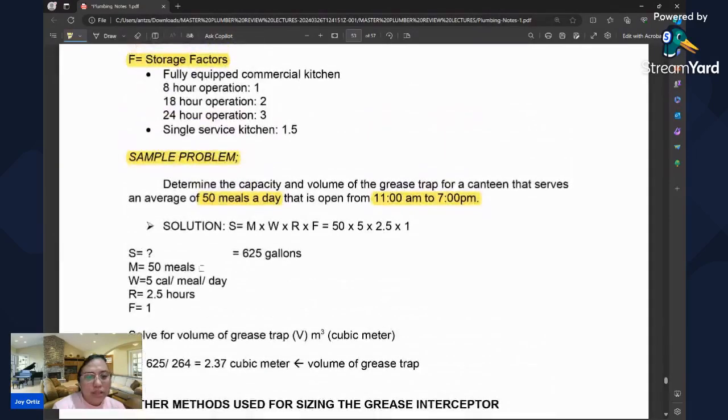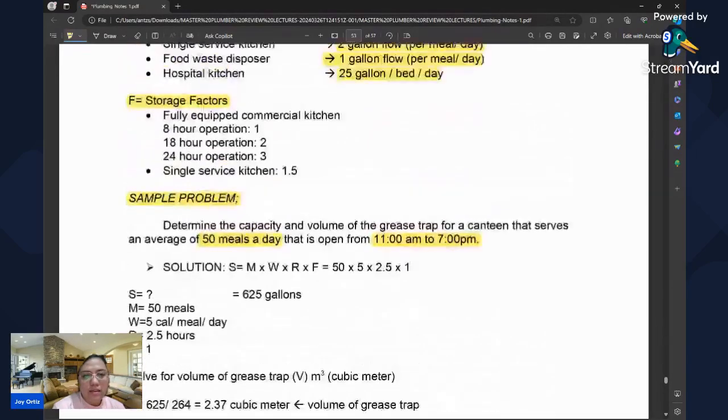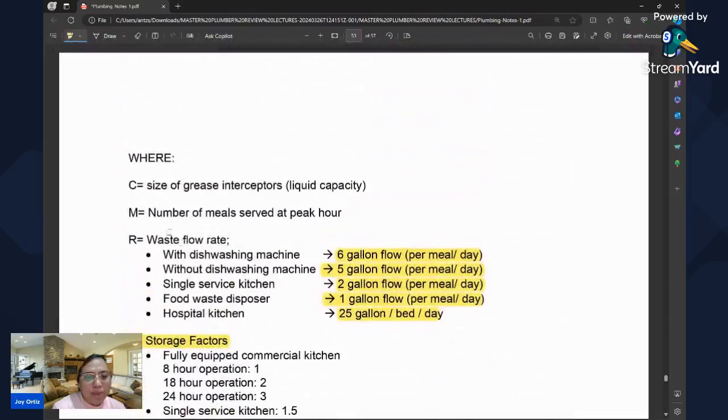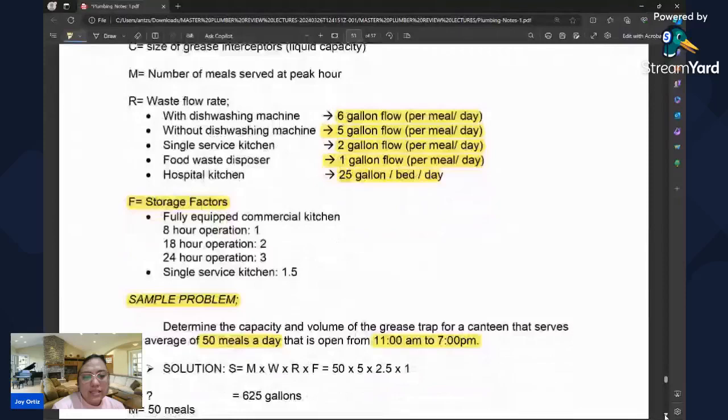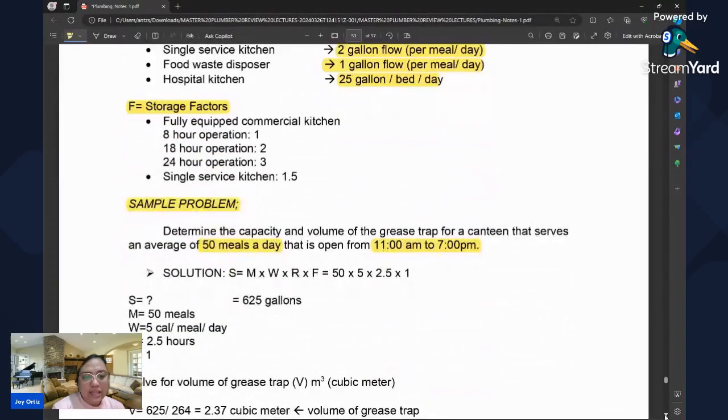Ano yung 50 meals dyan? Sinabi dito, M is the number of meals served at peak hour. Sinasabi dito, 50 meals a day that is open 11 to 7. So, 50 meals. Ito na yung at peak hour.